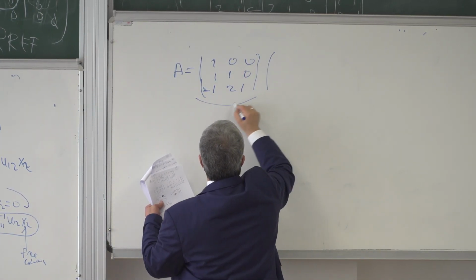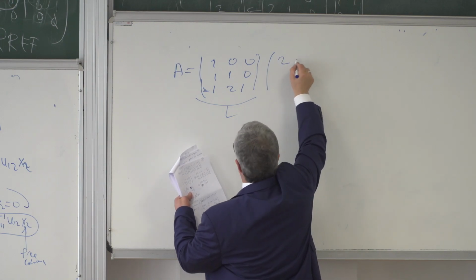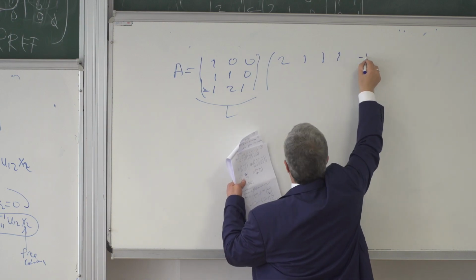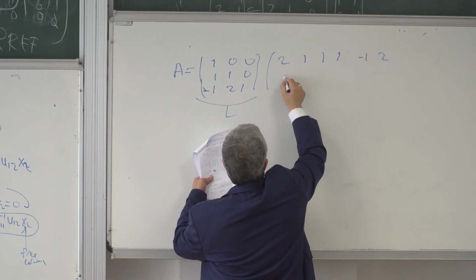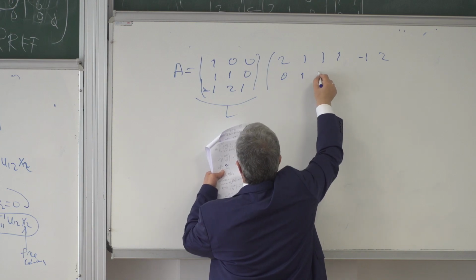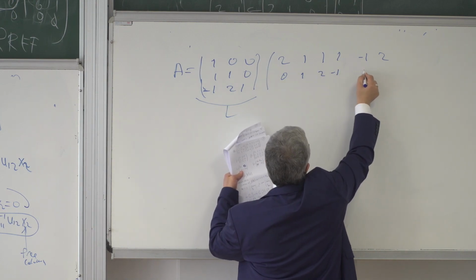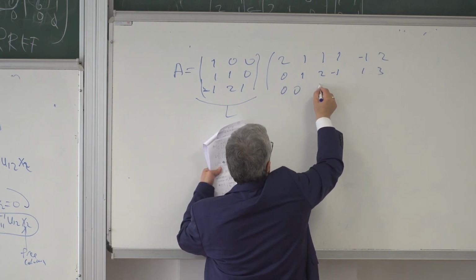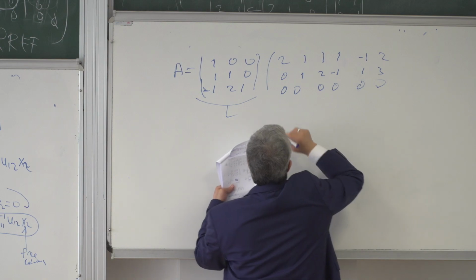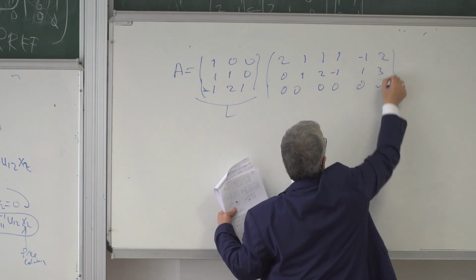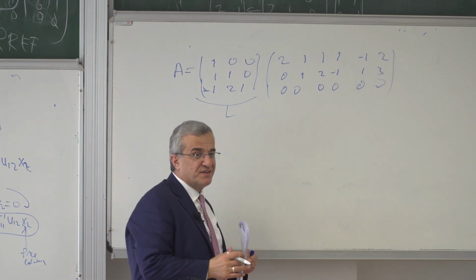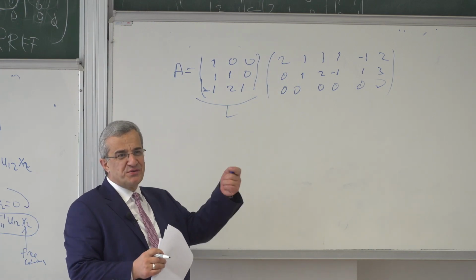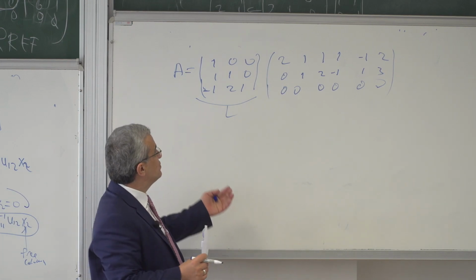This is L, and you have 2, 1, 1, 1, -1, 2, 0, 1, 2, -1, 1, 3, 0, 0, 0, 0, 0, 0. Okay? So what is the rank of this matrix? Do I need to tell you that? I give you this and this is the rank. So it is 2, right? How do you know that?